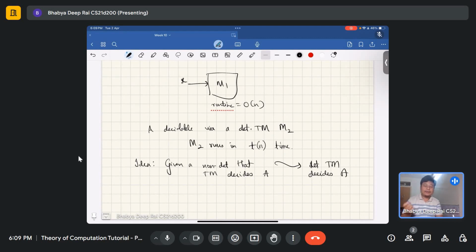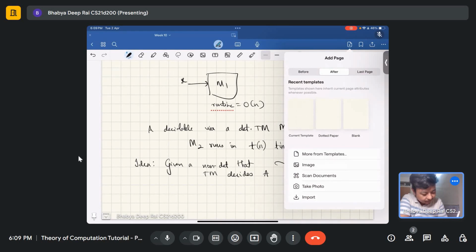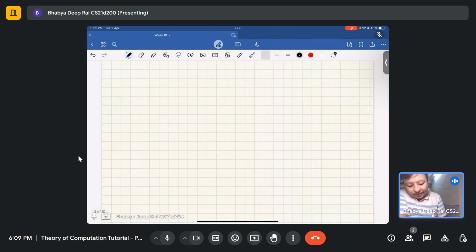Equivalent, what I mean is it decides the same language. How does it do that? So, how does a non-deterministic Turing machine function? There lies the process. A non-deterministic Turing machine makes choices which we call non-deterministic choices or guesses on the way.